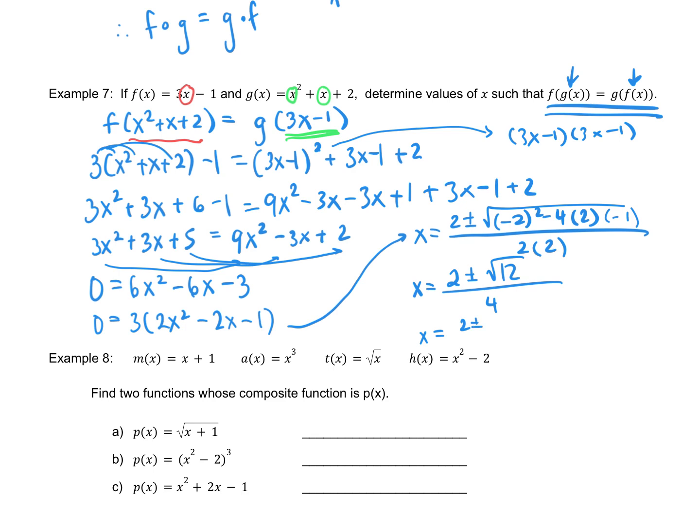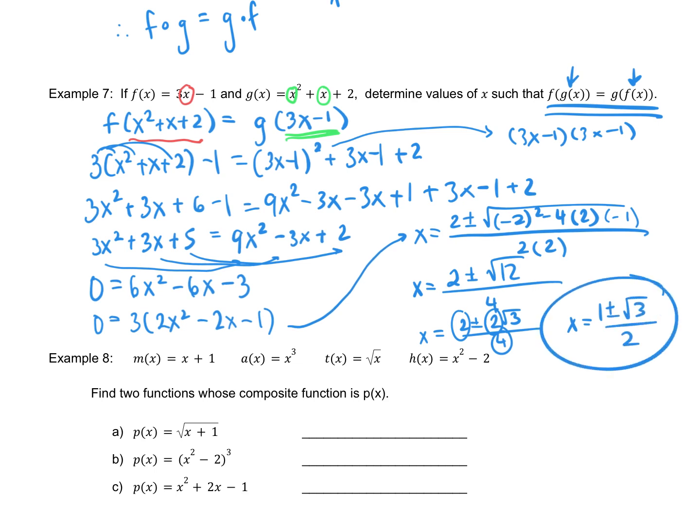And the square root of 12 is the square root of 4 times the square root of 3. But the square root of 4 is 2. And then when we clean up, if we divide all these coefficients or constants by 2, that's going to be 1 plus or minus root 3 over 2. And those are your two possible values for x.